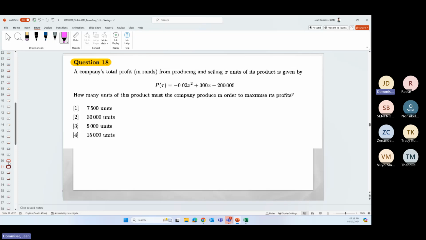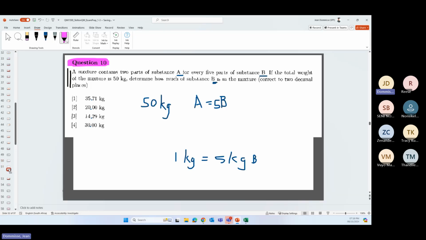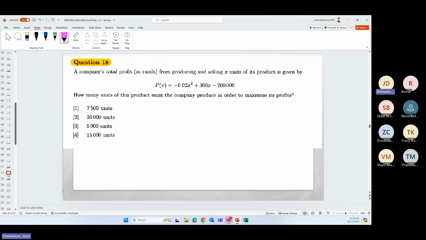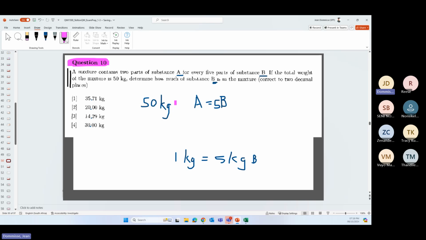I will get back to you. And then we can start with the profit functions and those things next week, because there's a few that we will go into. We've got a few more minutes. I just want to quickly check this one out.